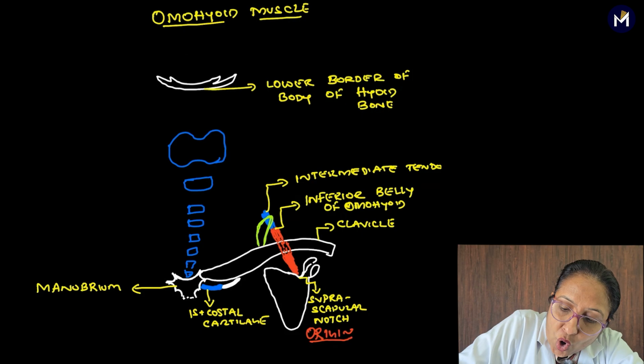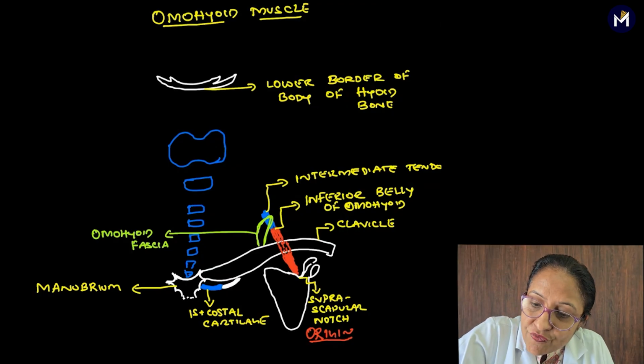We can also call this as omohyoid fascia. Now, because this intermediate tendon or the omohyoid muscle as a whole passes through this deep cervical fascia, it literally tightens the fascia. It's just like a seat belt. So you can think of it this way, a muscle from the shoulder migrates to control your neck. That's another way you can remember this.